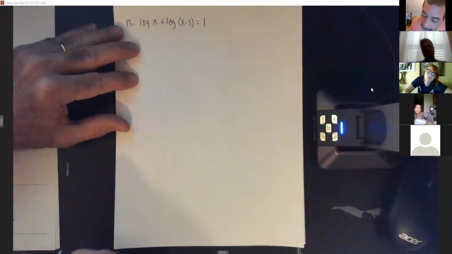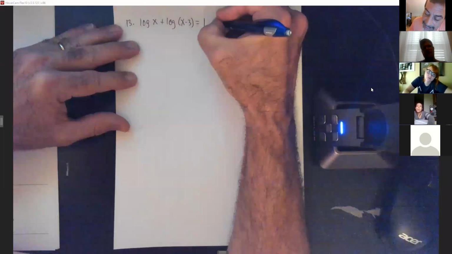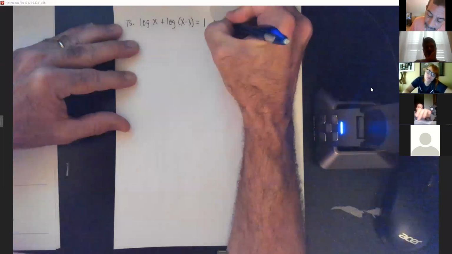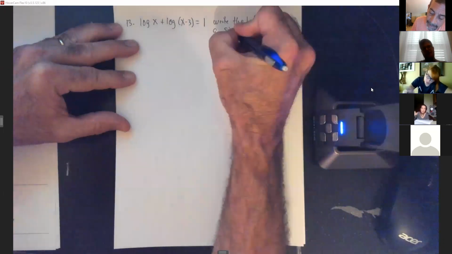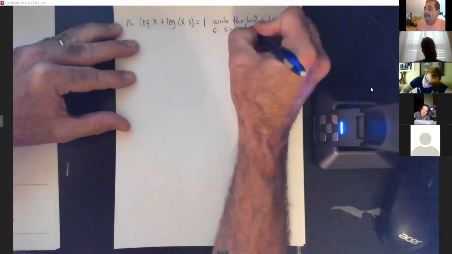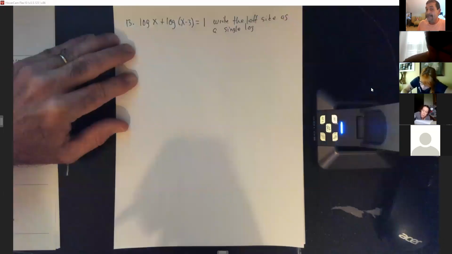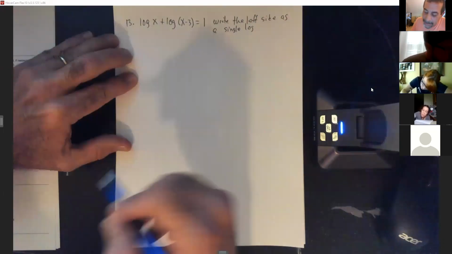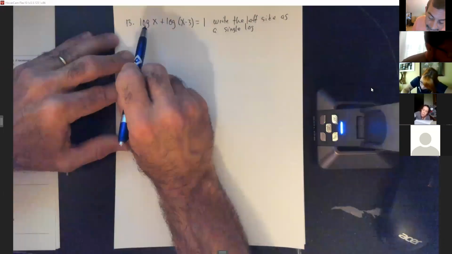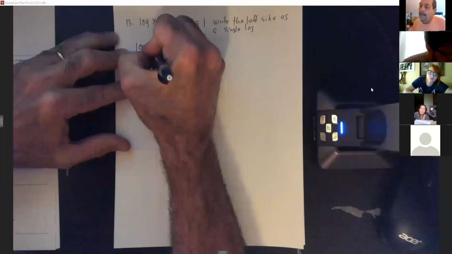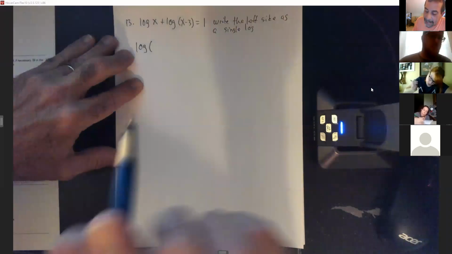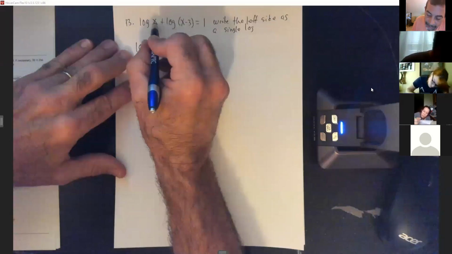So we want to write the left side as a single log, like the stuff we did earlier. So there's that 9.5 stuff that I was telling you about. Since these are being added, we're going to write that as a product, x times x minus 3.